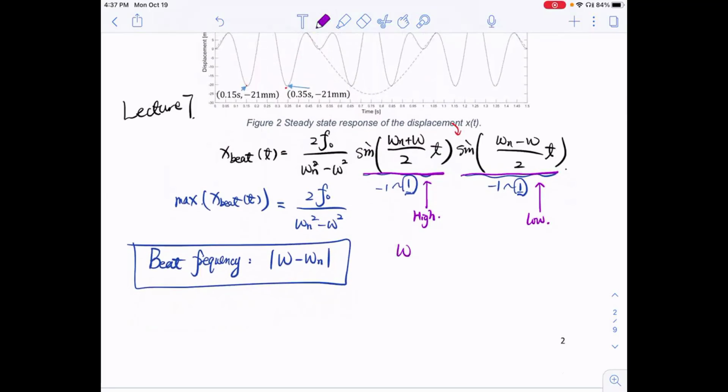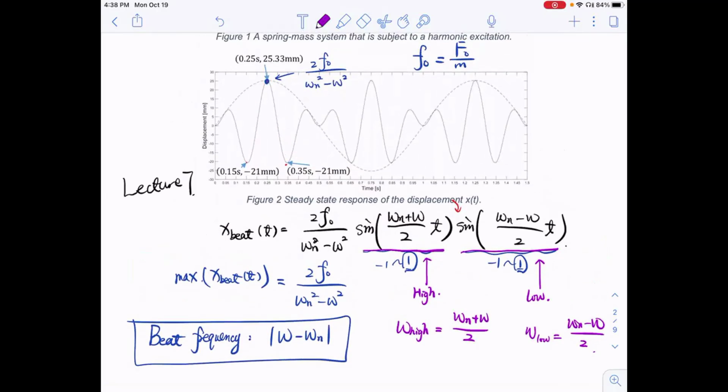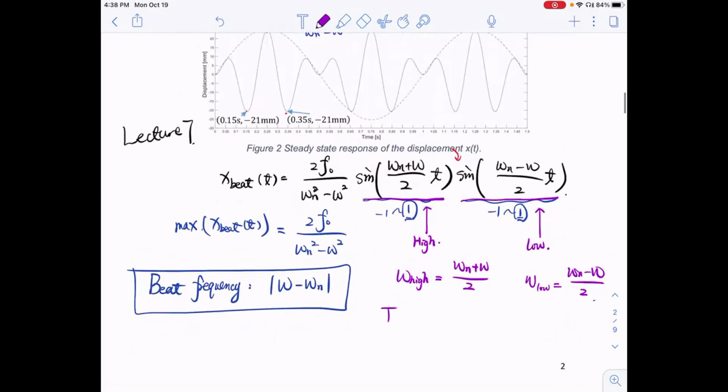So let's define omega high as half of omega n plus omega, and omega low as the difference divided by 2. The high frequency component is really clear there. The period of the high frequency is 2 pi over omega high.